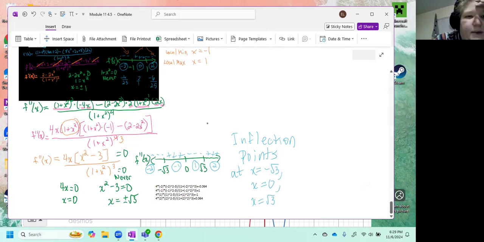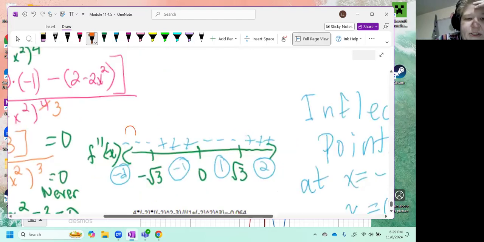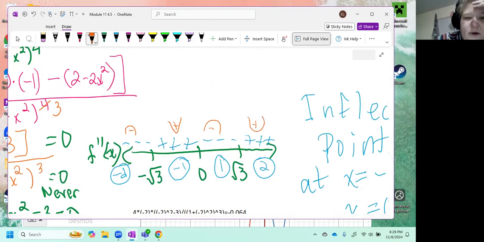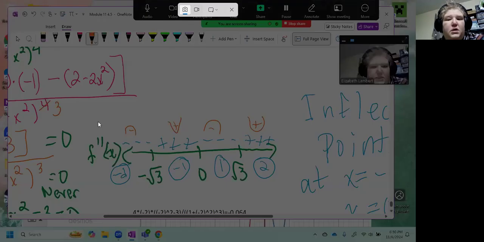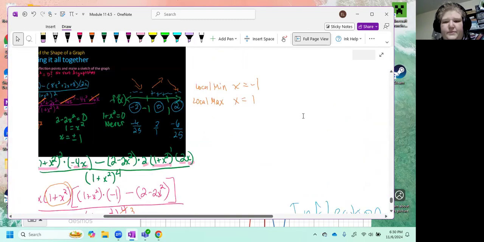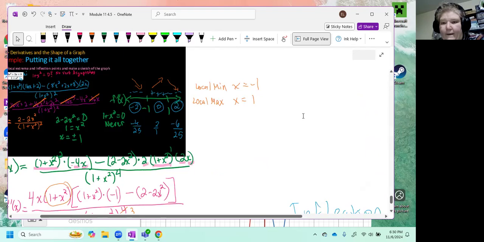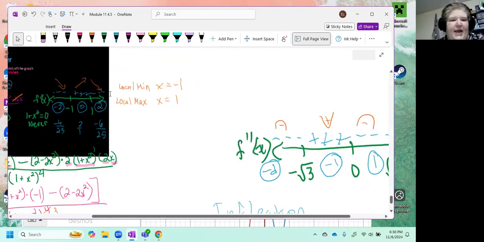So actually, while I'm thinking about it, let me zoom back in here. Concave down, concave up, concave down, concave up. I'm going to take a screenshot of my second derivative test. All right, so there's that.